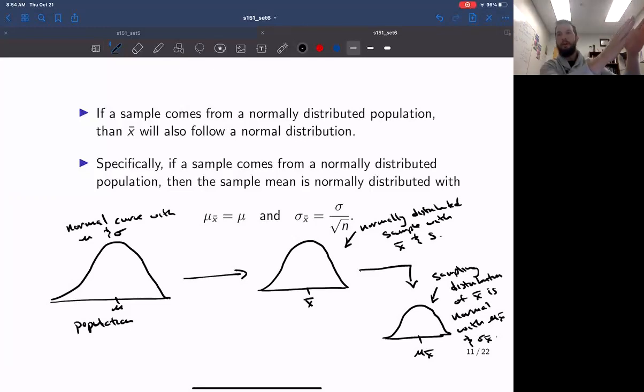So normal population leads to normally distributed sampling distribution. And if that is the case, then mu X bar and sigma X bar become the parameters of a normal distribution. Any questions?